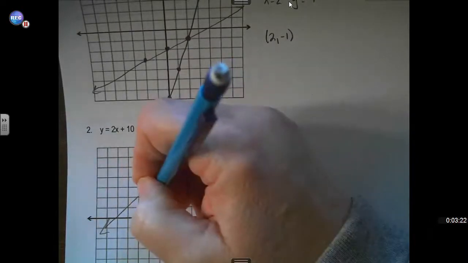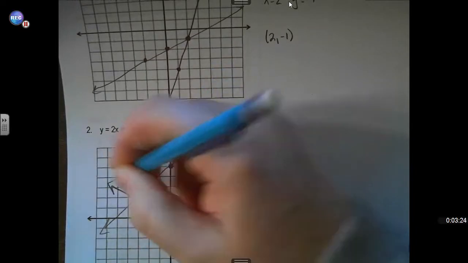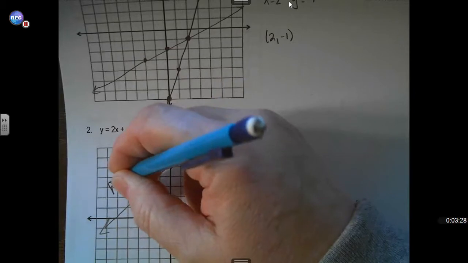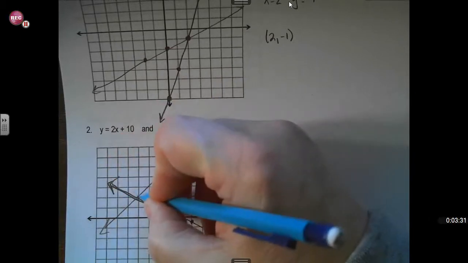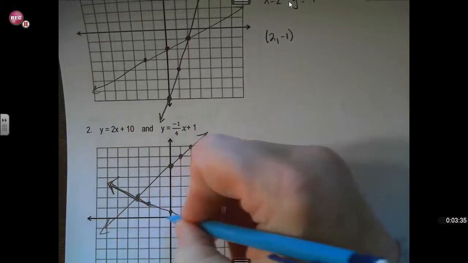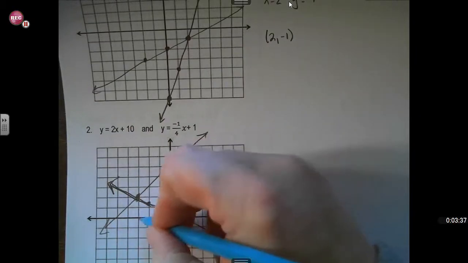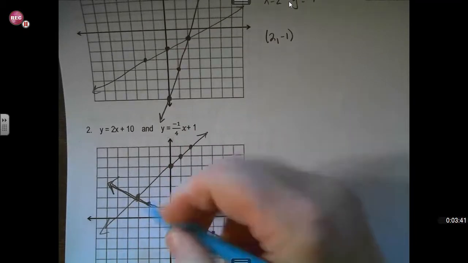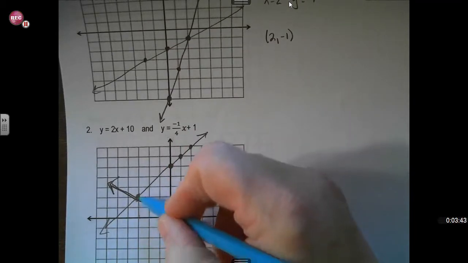This is why this is not a good method. I don't know if I'm headed right towards that or not, but I'm going to call that the point of intersection. At that point of intersection, x is -3 and y is 4.